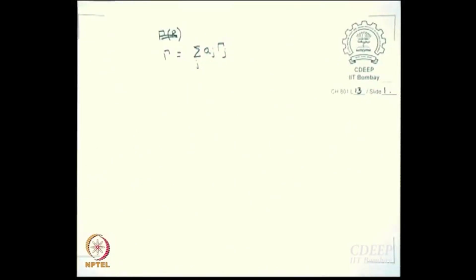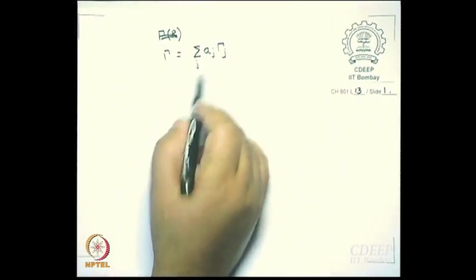Gamma j is the jth irreducible representation which makes up the reducible representation. Earlier we had studied that you can construct a reducible representation by block addition of the irreducible representations, right? Isn't it? So this is how I can write it.